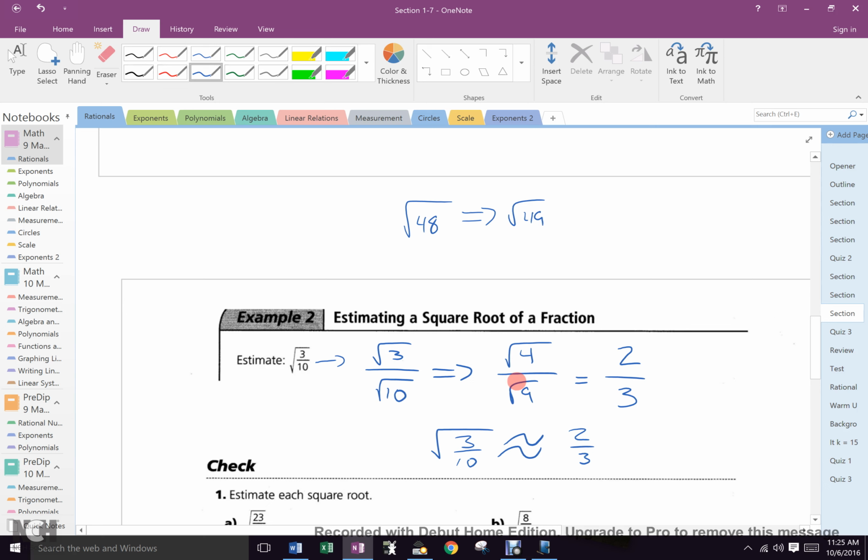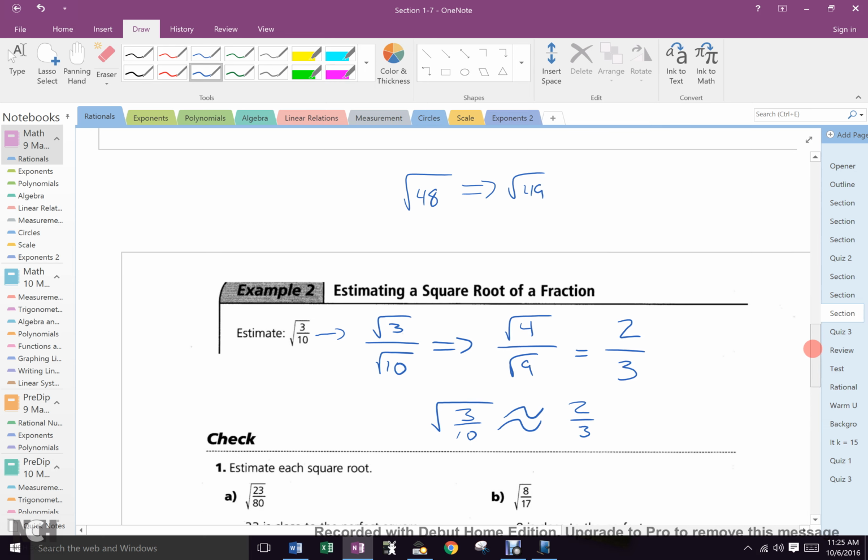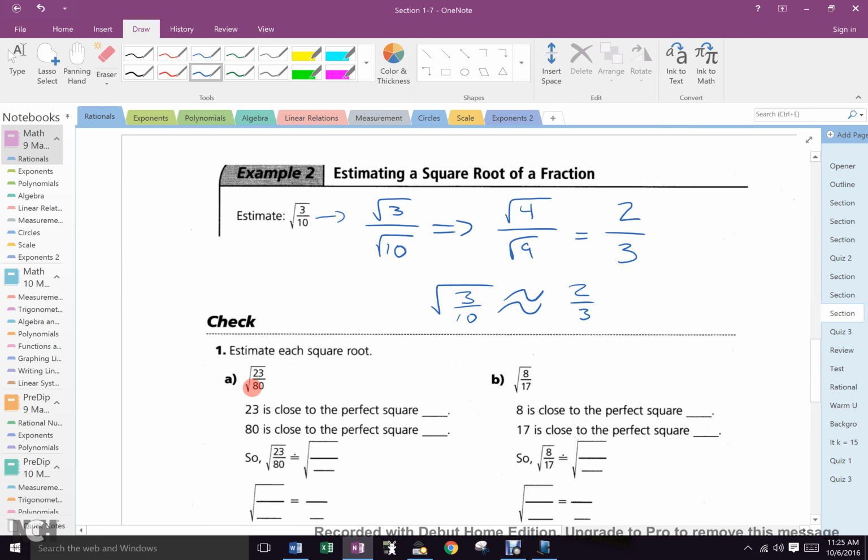Is everyone cool with that? Everyone gets it? All right. So let's look at what we've got here. What's 23 close to? 25. What's 80 close to? Look on your chart if you don't have it memorized. 81.